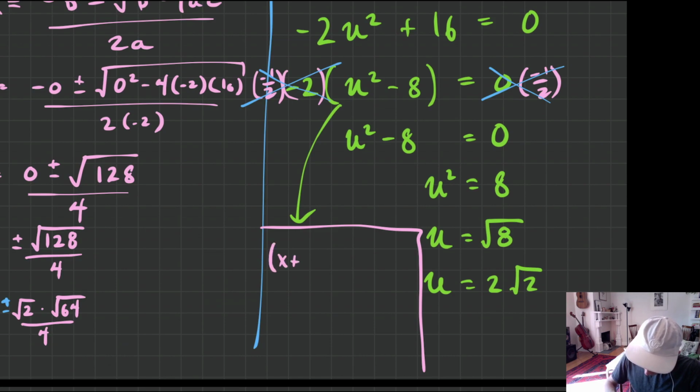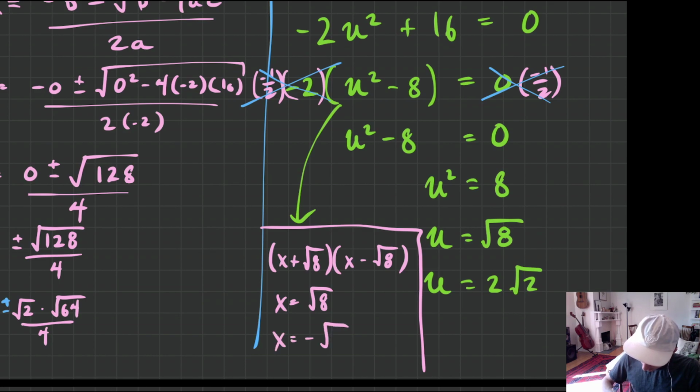I've got x plus the square root of 8 and x minus the square root of 8, and that tells me that one of these has to be 0, so that means that x is equal to the square root of 8, or x is equal to the negative square root of 8. And then once again, I forgot that I need to include my plus and minus symbols here. So again, we have two solutions, so I have to be aware that I'm going to have a plus and minus for these. Okay.